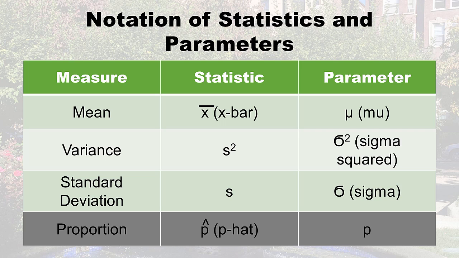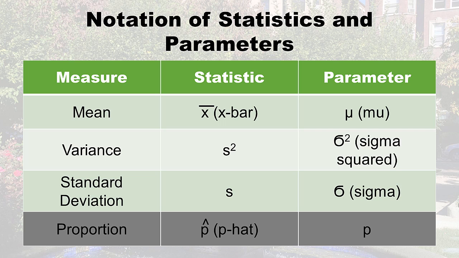All right, the next two, variance and standard deviation, remember how they're friends? And so the statistic version is the S for variance. It's the S with the little 2 up there, the exponent, because standard deviation to the second is variance, and the square root of variance is a standard deviation. So that's why they have S and then S to the second for the statistic.